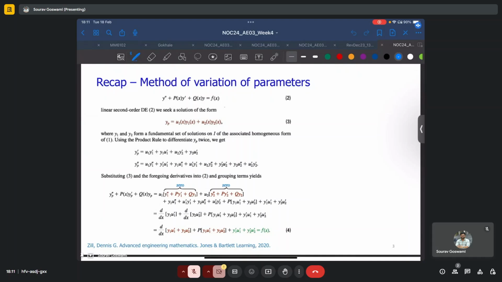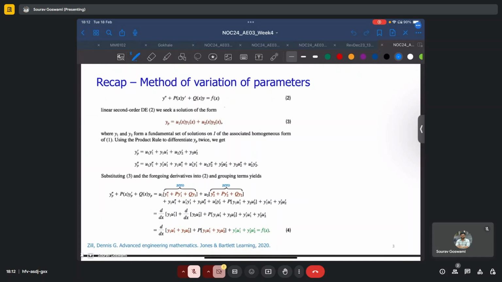When I looked at the assignments, I saw that there was a good chunk of questions on Laplace transform. So that is some aspect which we will focus on today for the most part, after we are done with this last remnant topic from ODEs, which is the method of variation of parameters.